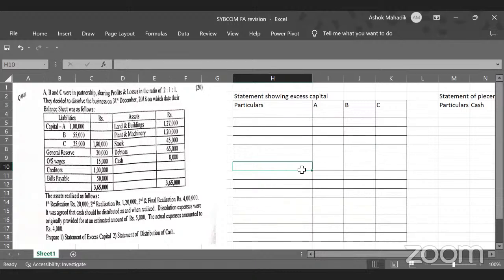Now, the main thing while paying the liabilities is that there is an order which we have to follow. The very first thing you have to deduct from your payments is realization expenses.